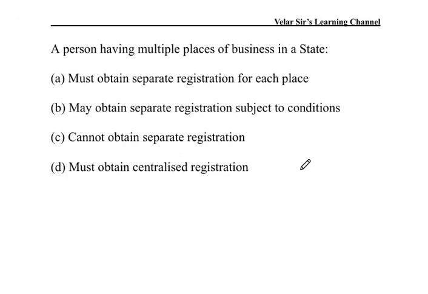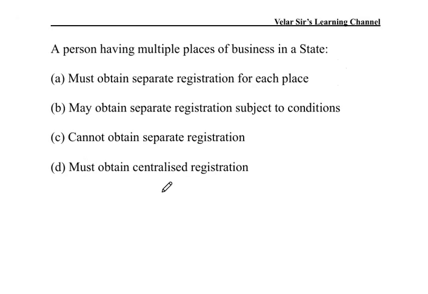Okay. Next MCQ: a person having multiple places of business in a state dash. What will be the right answer? The options are given. A option, must obtain separate registration for each place. B, may obtain separate registration subject to the conditions. C, cannot obtain separate registration.